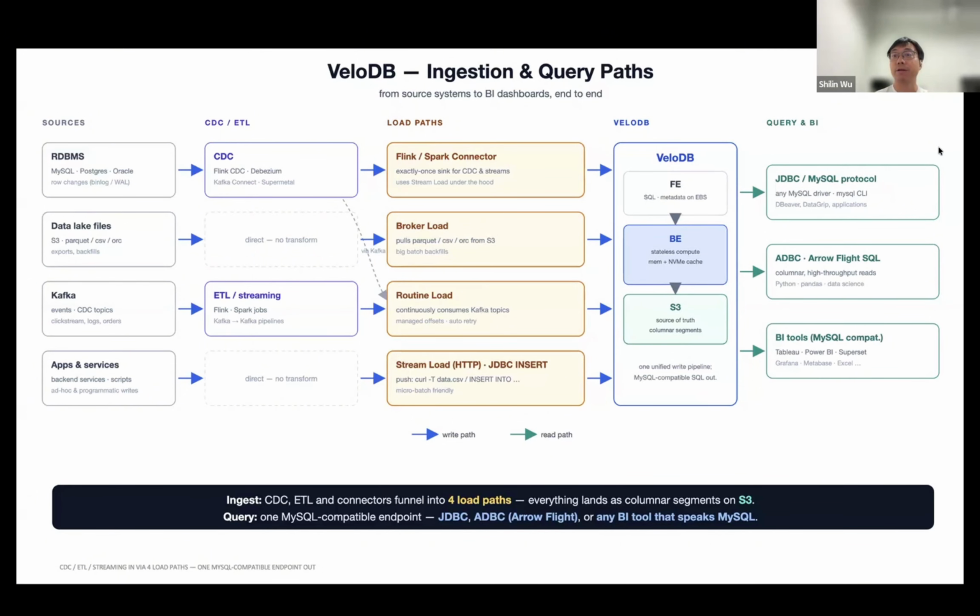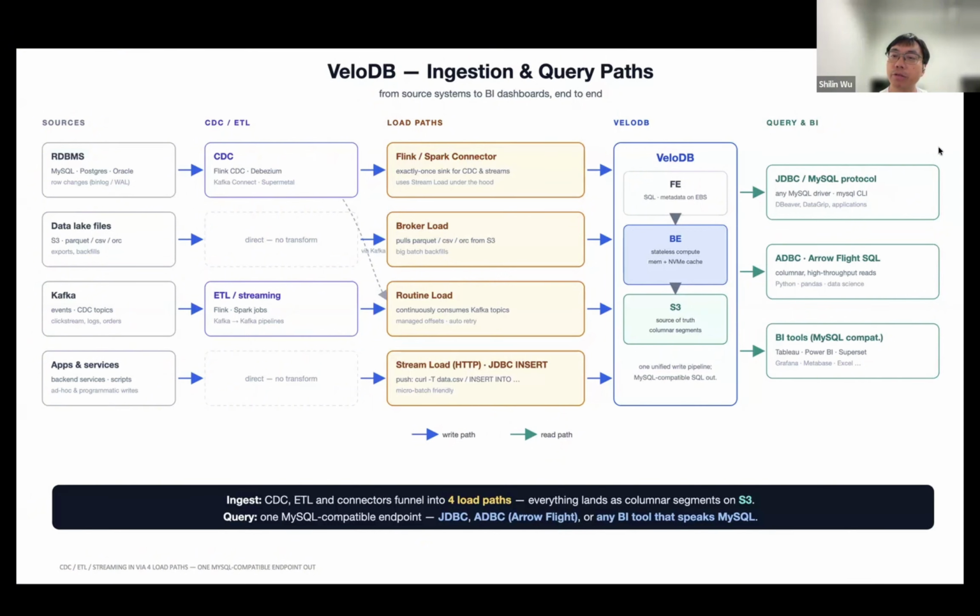On the consumer side, you will have your typical application using JDBC or the MySQL protocol, because VeloDB speaks the MySQL wire protocol. So it's binary compatible. You can use them to connect to VeloDB, start issuing queries and get results, right? And if you have a requirement to read data from VeloDB using hyper-speed SQL, you can also use Aerofly SQL.